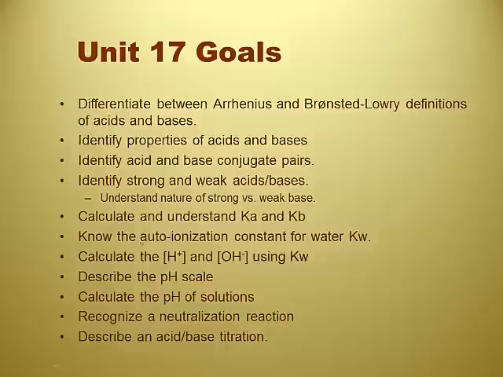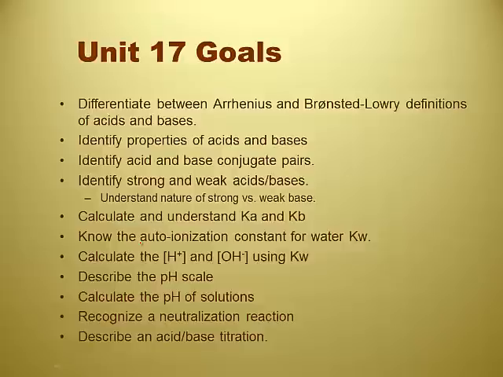We start out by talking about definitions of acids and bases, and it turns out that there are two main definitions. Once we've got those definitions taken care of, we can talk about properties, and the fact that acids and bases have what we call conjugates. They're kind of like brothers or sisters.